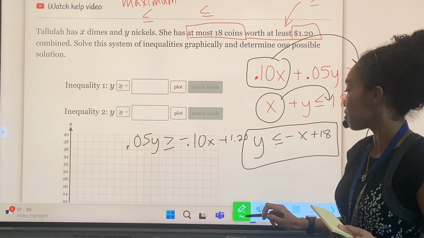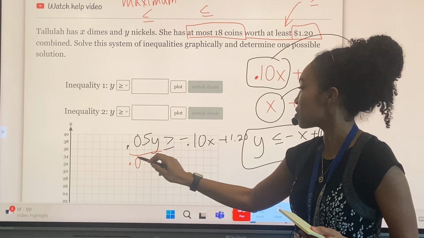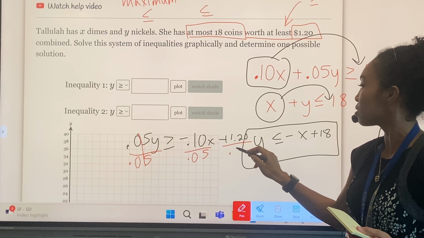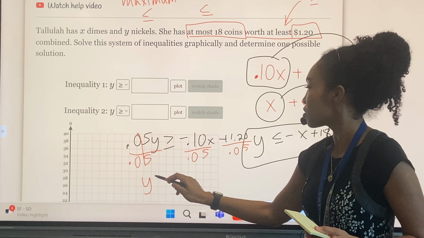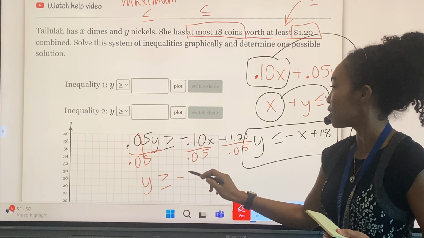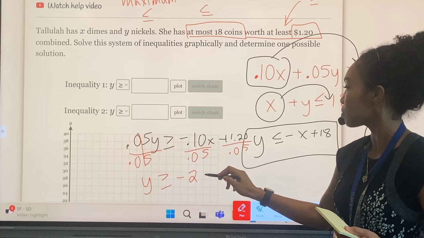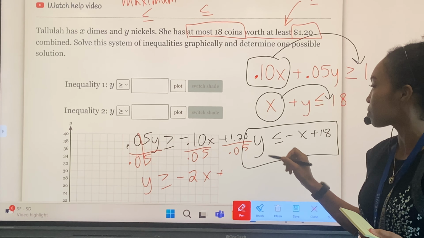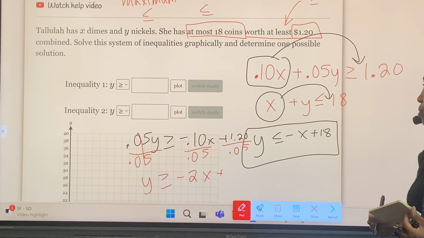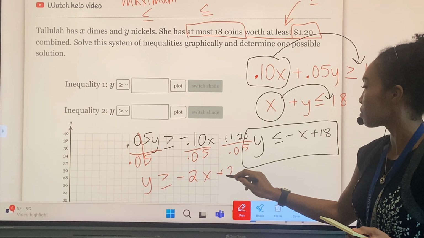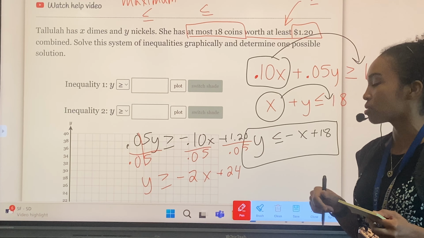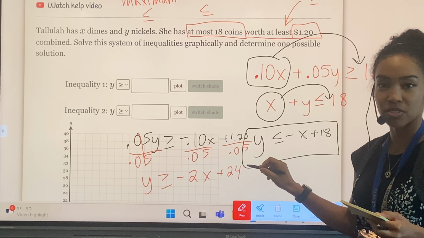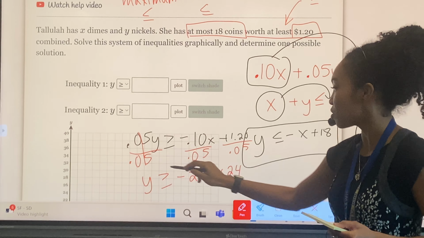Now we're going to divide everything by 0.05. Can everyone do that in your calculator real quick? Let me know what you get. Y is greater than or equal to, you should get negative what, 2? Plus, what should this be? 24? Let me know if you get 24. $1.20 divided by 0.05. 24? Perfect. Okay, so these are your two equations.